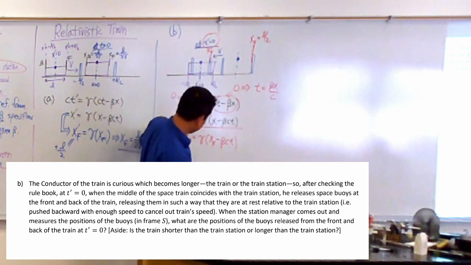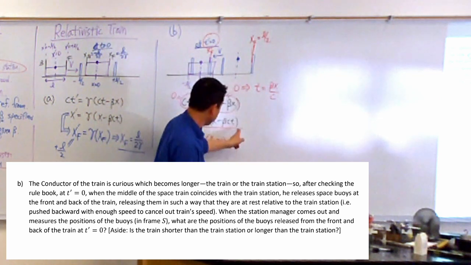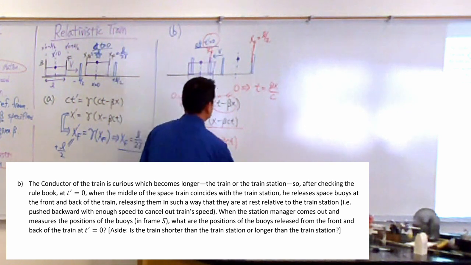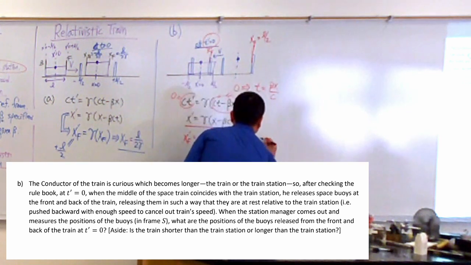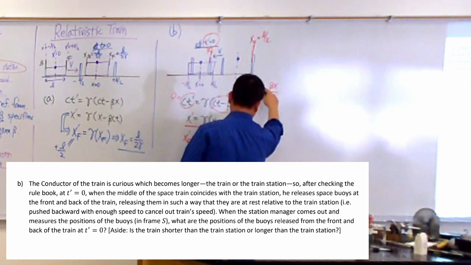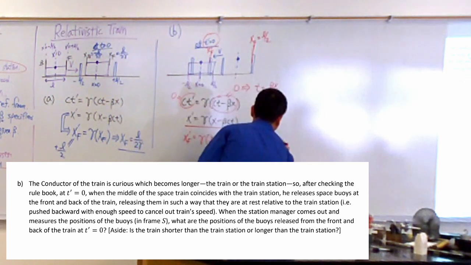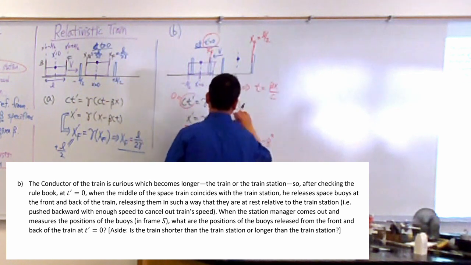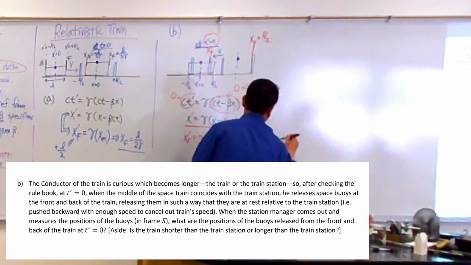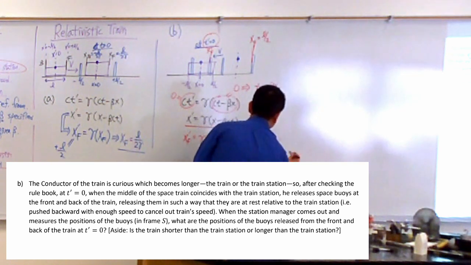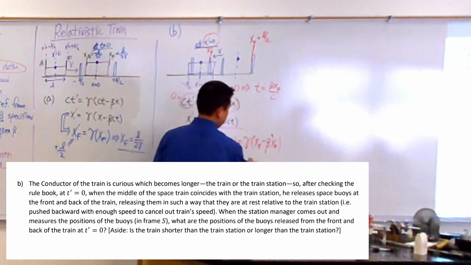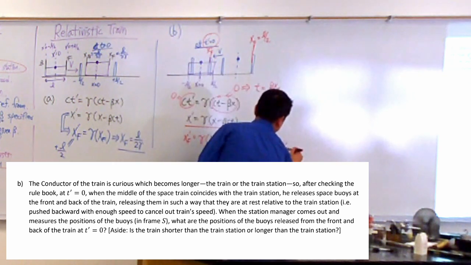So to calculate this, now you plug this in here. You get gamma (xf minus, plugging this in, beta squared x). The c's cancel out. So the value of x would be xf. Good, I can factor out xf.